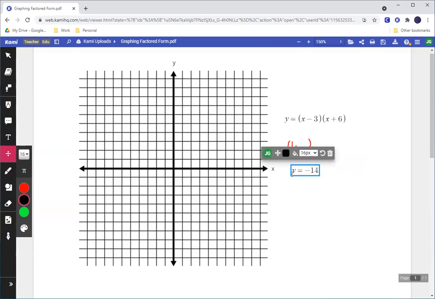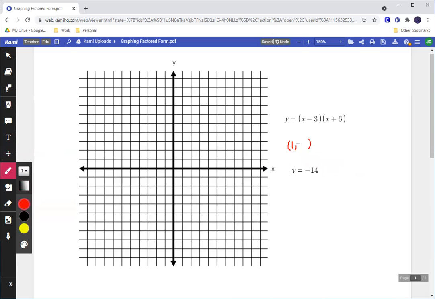So we get the information that y equals -14, and that gives us our y coordinate. So then you can plot this point, (1, -14). It'll be somewhere 1, 2, 3, 4, 5, 6, 7, 8, 9, 10, 11, 12, 13, 14. It'll be like around here somewhere. And that will be that point.